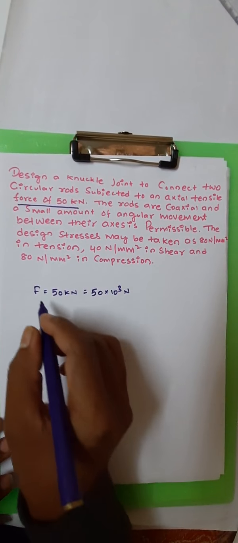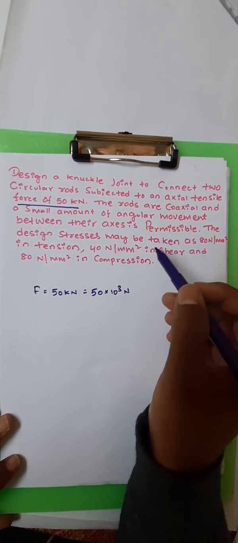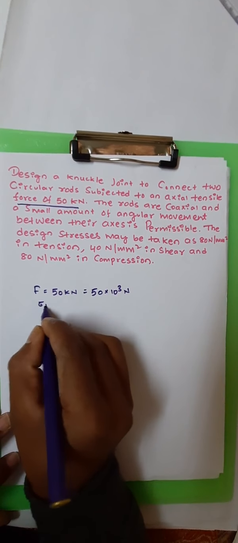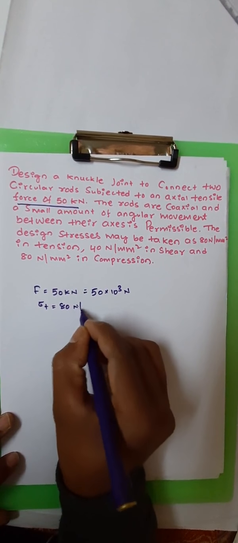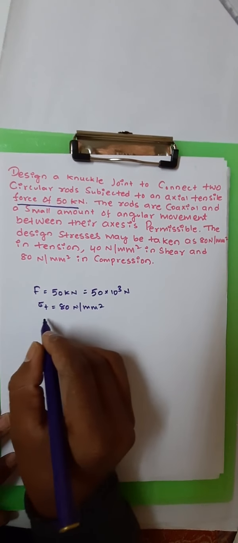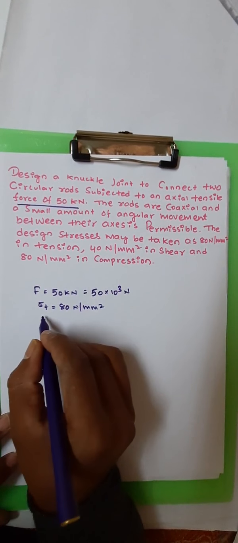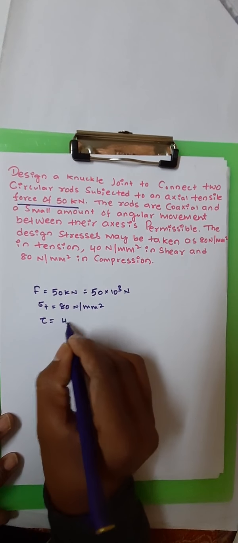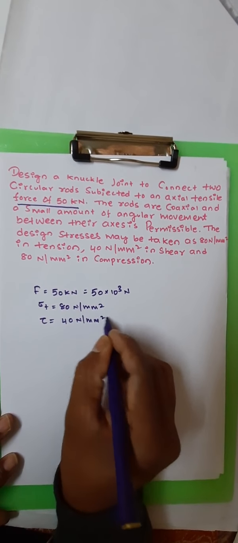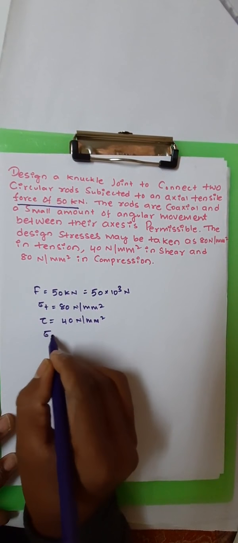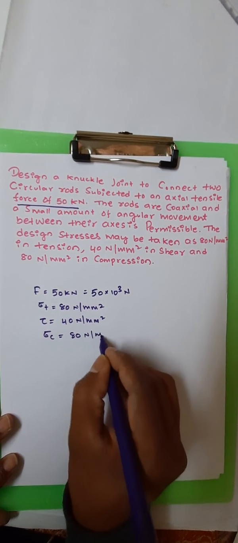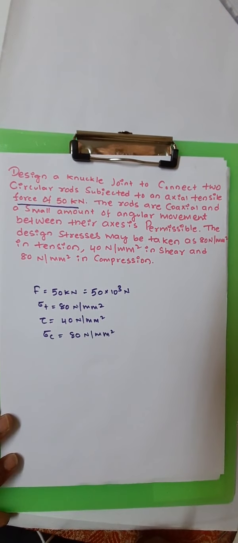Same way, we have another important parameter, the design stresses: sigma t is equal to 80 Newton per mm square, tau is equal to 40 Newton per mm square in shear, and sigma c, the crushing stress, is 80 Newton per mm square. Okay, this is the given data with respect to this problem.